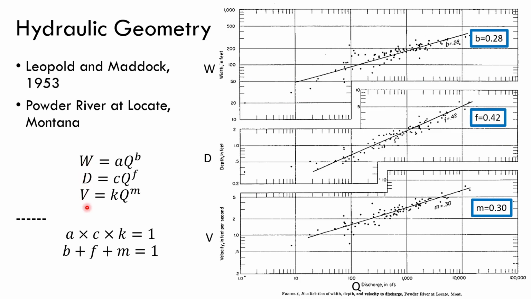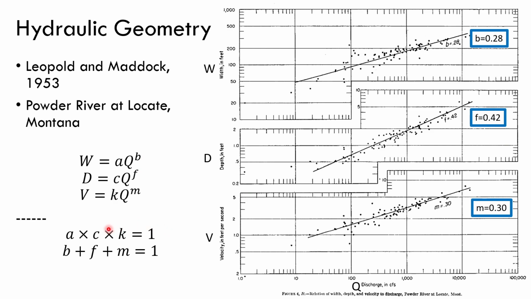And then all three of those can be related to discharge through three different power regression equations. And so the intercepts of the regressions here are set out as a, c, and k, and then the exponents for the regression equations are b, f, and m.